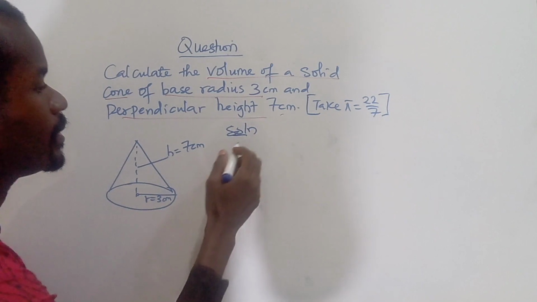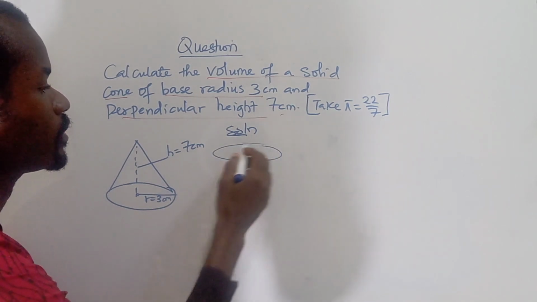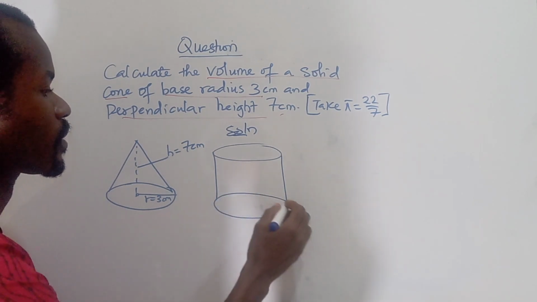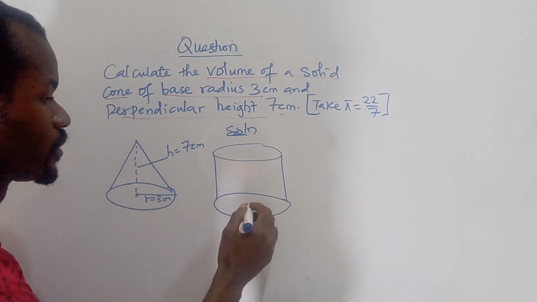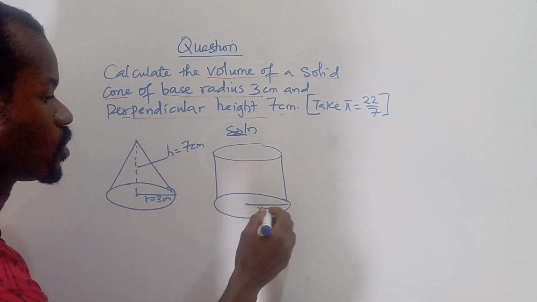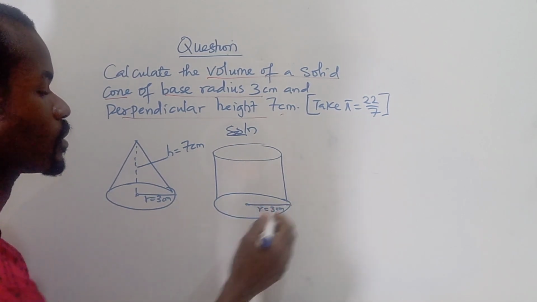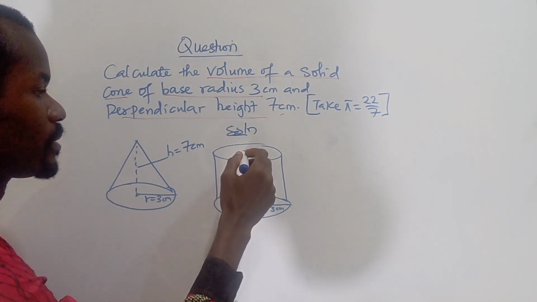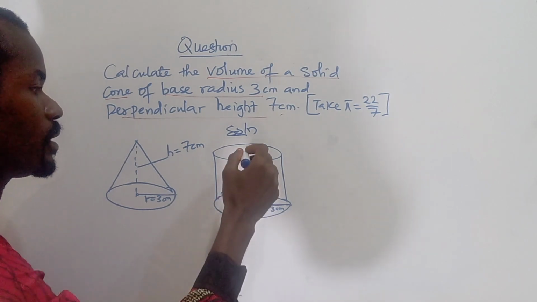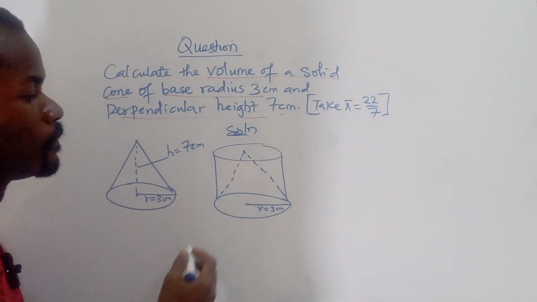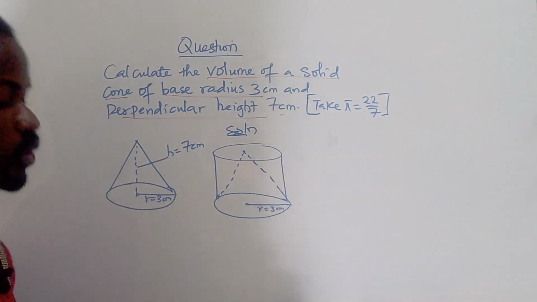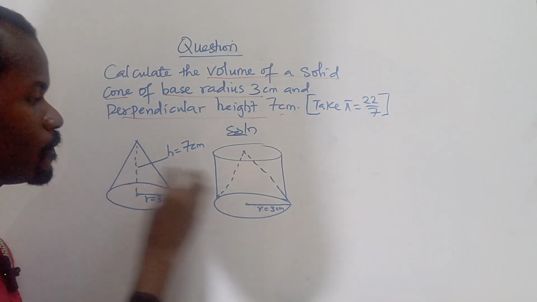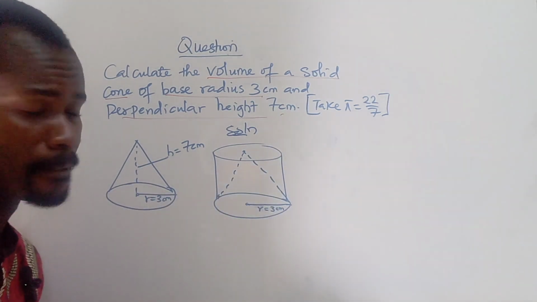Now there's a relationship between a cone and a cylinder. Let me quickly explain the relationship. So if we have a cylinder of this nature, if it has the same radius, 3 centimeters, from this point if I bring this out and I bring this out, we'll be able to form this cone. So you can form a cone from a cylinder.